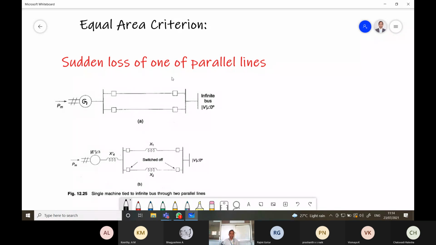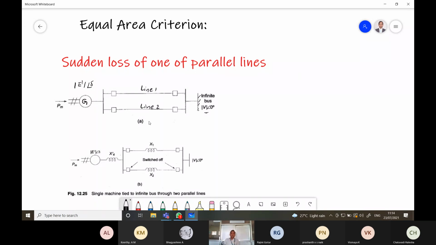There are two parallel lines, line 1 and line 2, connected to the infinite bus bar. The generator voltage is E dash at an angle delta, and the infinite bus bar voltage is V at an angle 0.